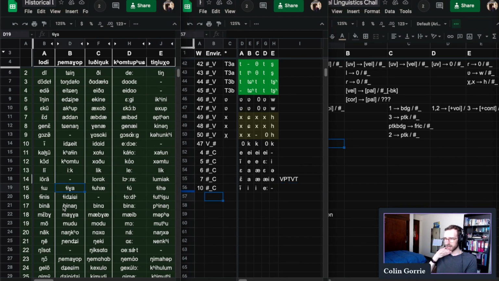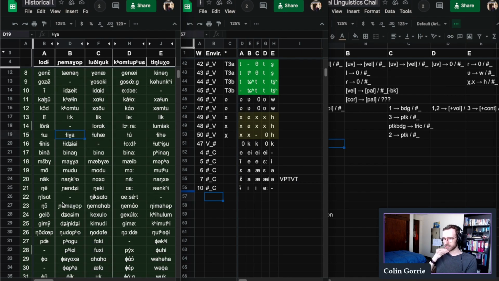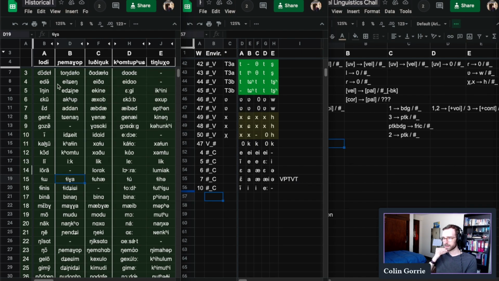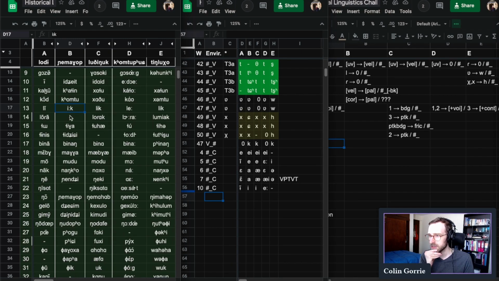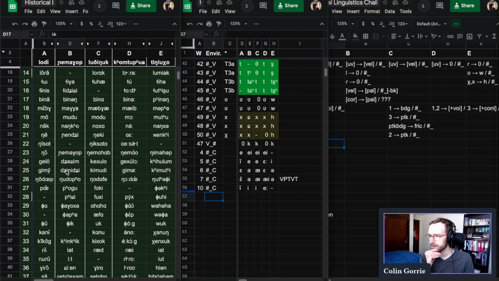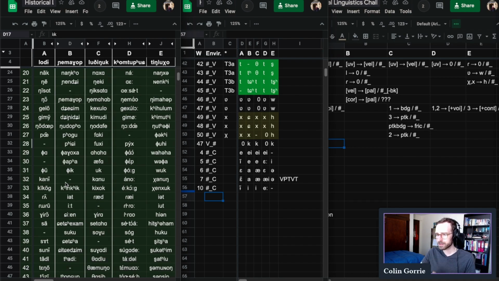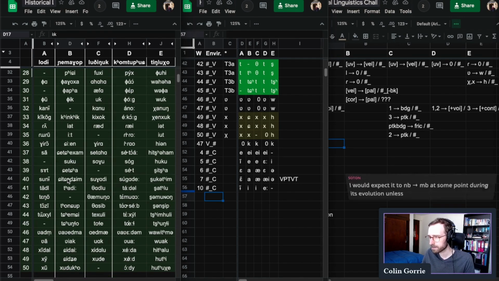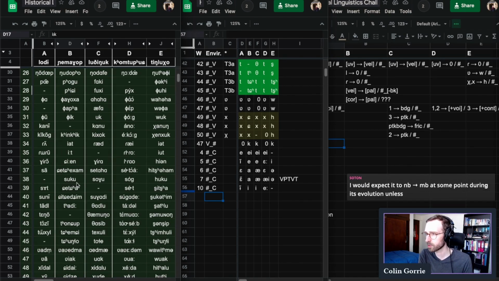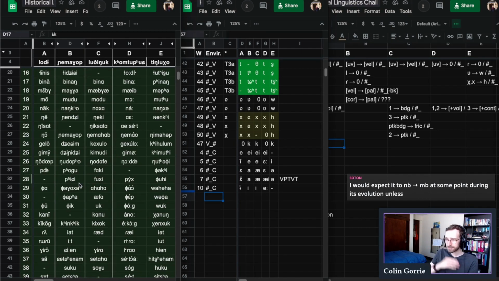All right, let's see if there are any more word initial vowels that we can take advantage of. It does not look like we have any more. So this is what we have to work with for word initial vowels.